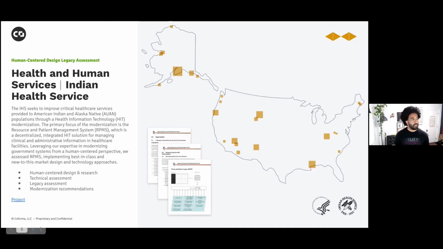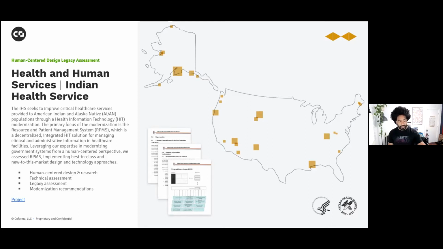It is utilized at over 25 hospitals that are primarily serviced by the Indian Health Service. There are over 55 health centers, which are different than hospitals, and 21 health stations, which are usually standalone operations.